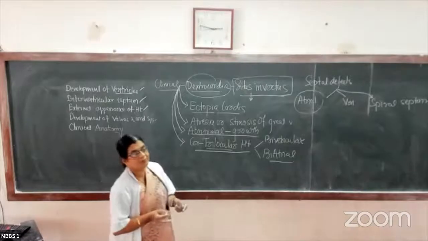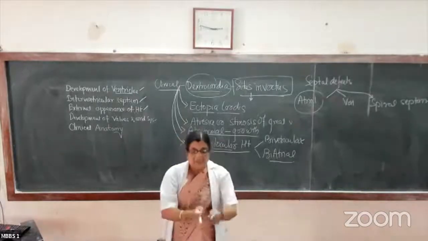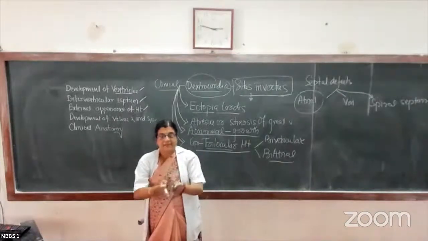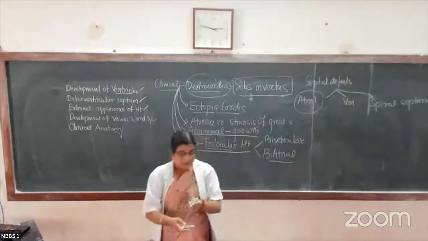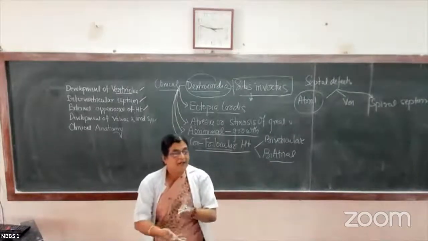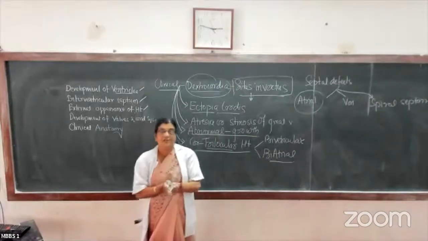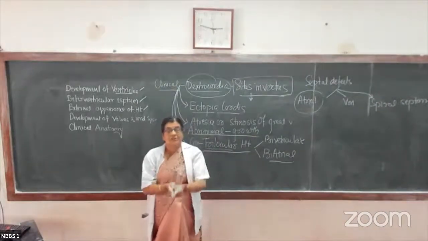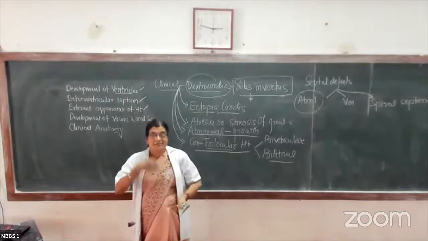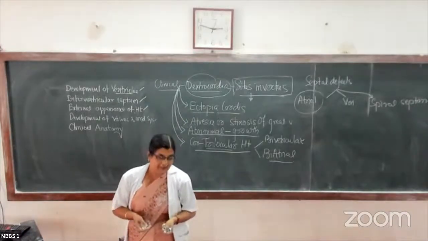Ostium primum is formed as the septum primum descends down. It doesn't reach up to the septum intermedium, and so whatever foramen is there, that is known as ostium primum. As the ostium primum closes, ostium secundum is formed at the cranial end.